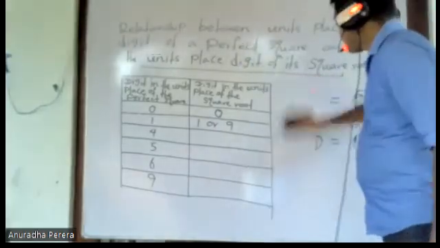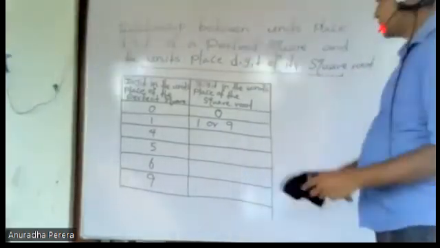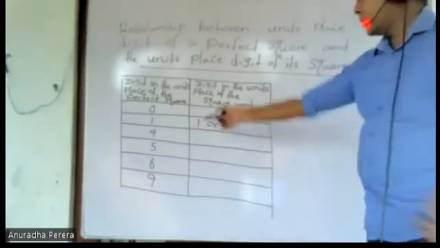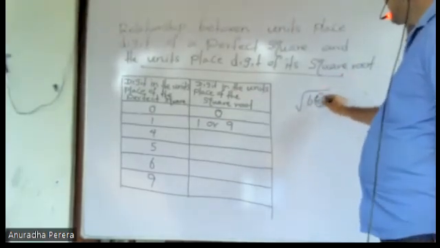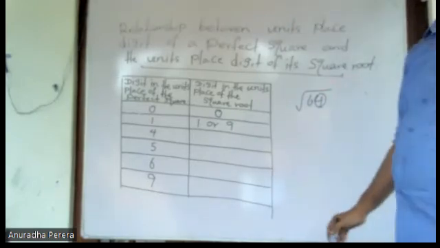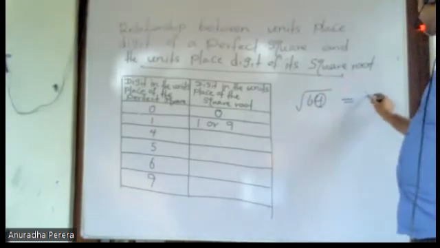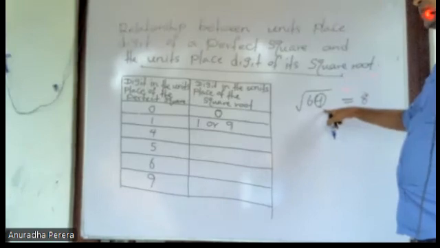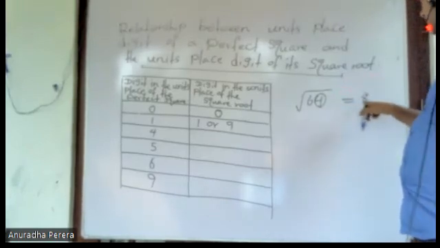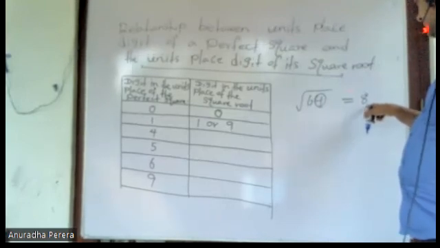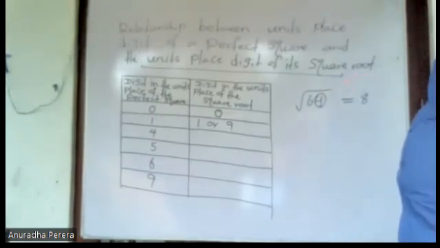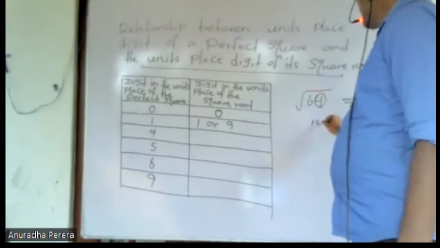When the unit place of the perfect square is 4, for example 64. What is the answer? 8. When the unit place is 4, the unit place of the square root is 8. Let's take another one, 144.